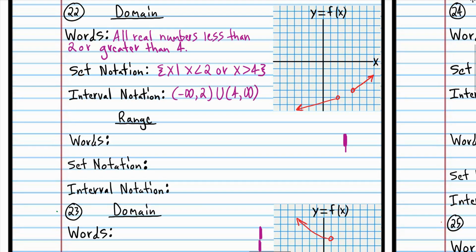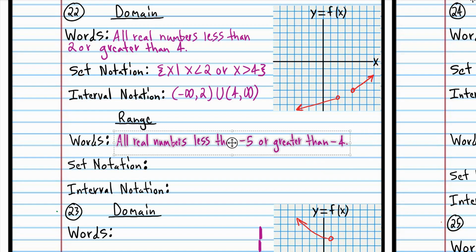Okay, so all the points on the graph in this region have y values that are less than negative 5, and all the points on this region have y values that are greater than negative 4. So the range is all real numbers less than negative 5 or greater than negative 4.